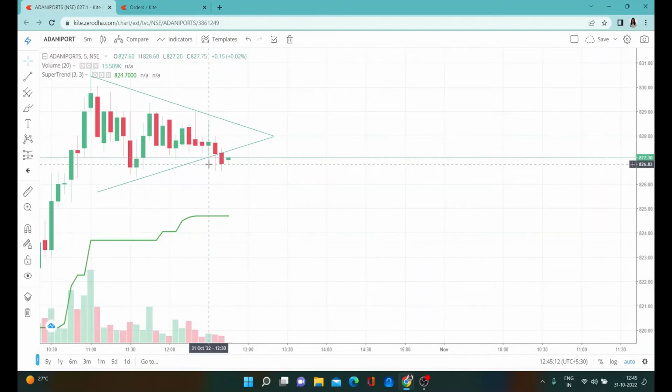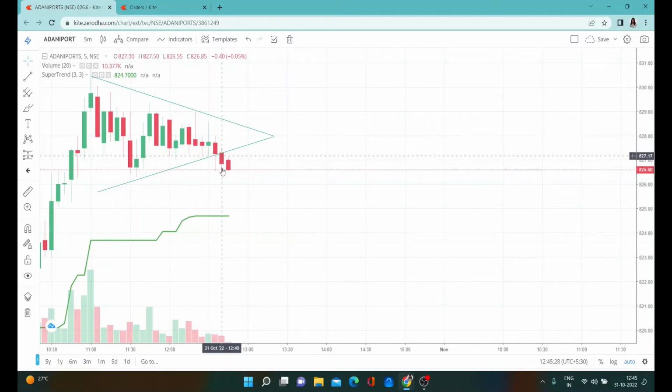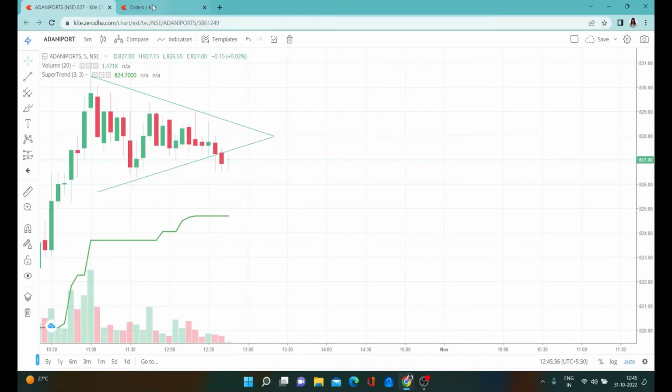Okay guys, since I see a candle without a sharp wick here, I'm taking a trade.